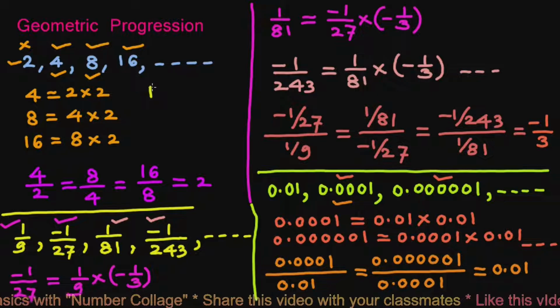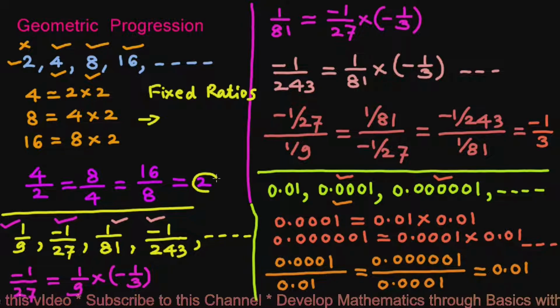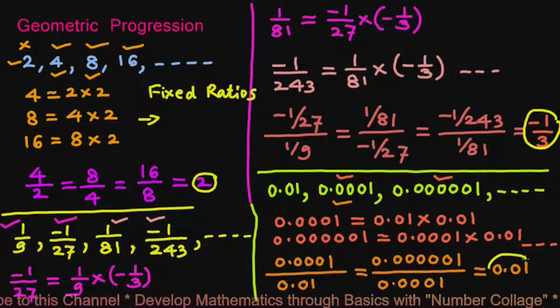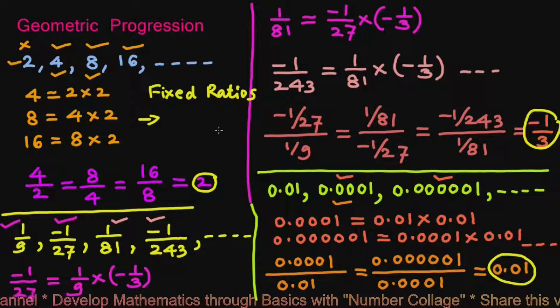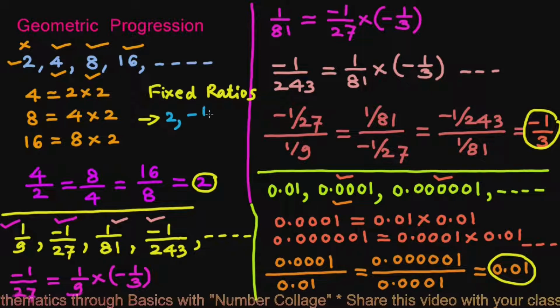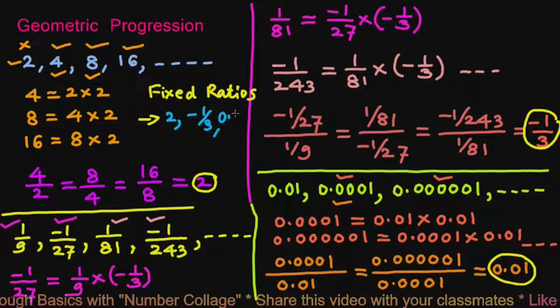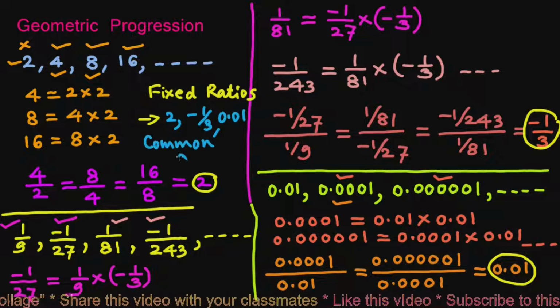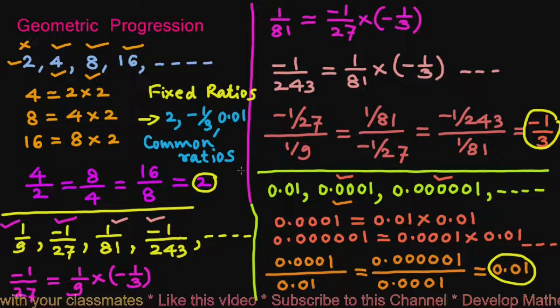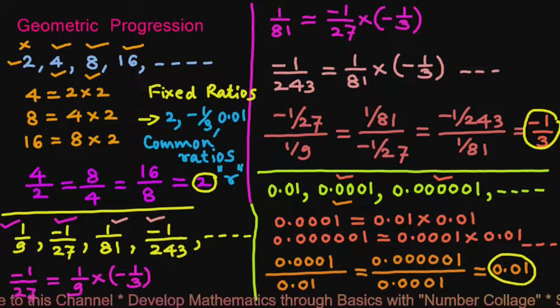Here the fixed ratios 2, -1/3 and 0.01 are called common ratios, and they are denoted by small r.